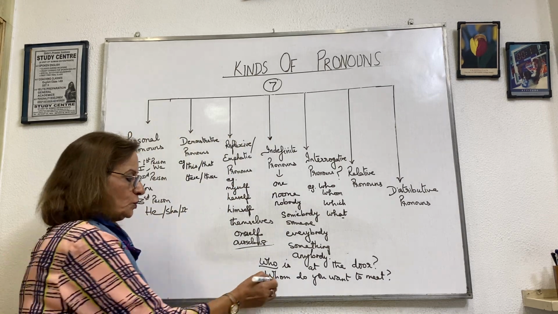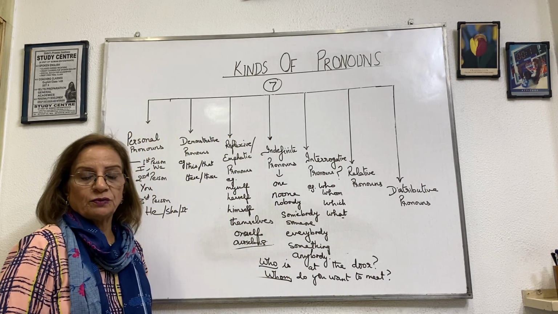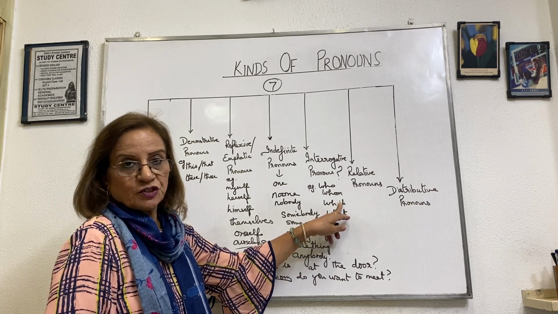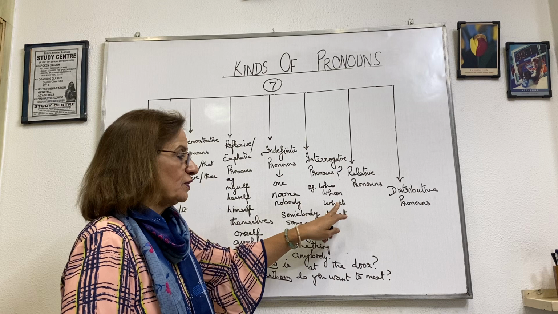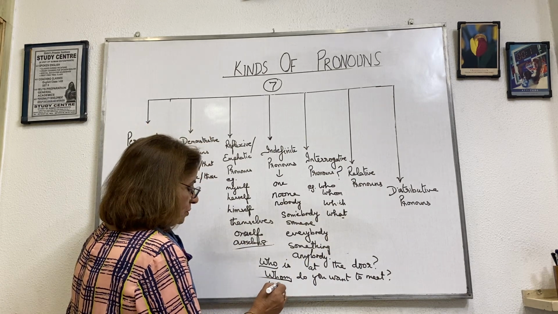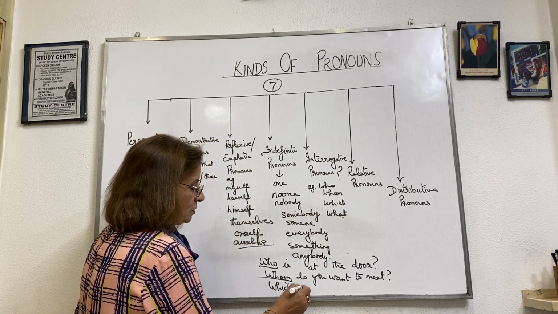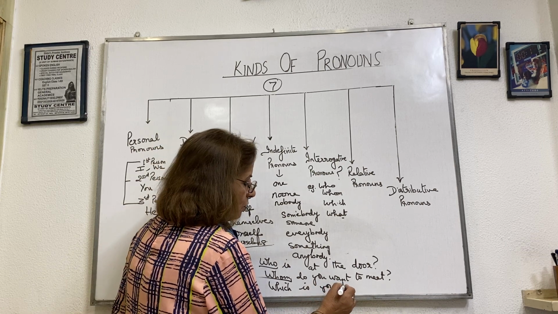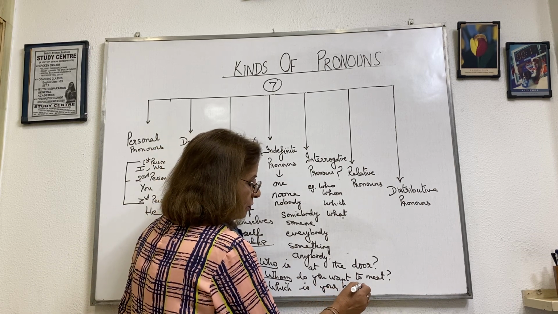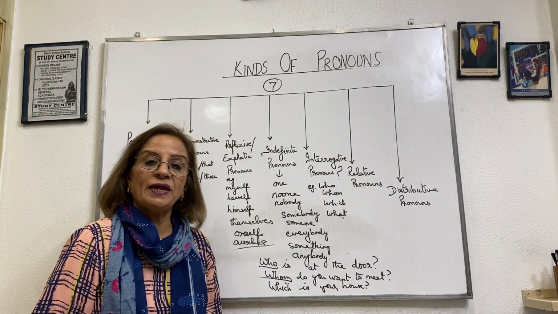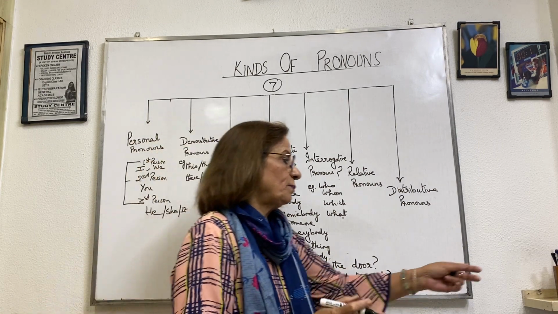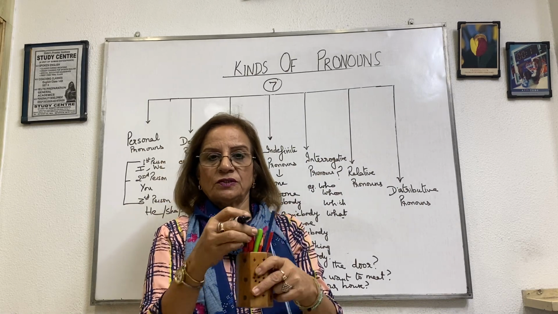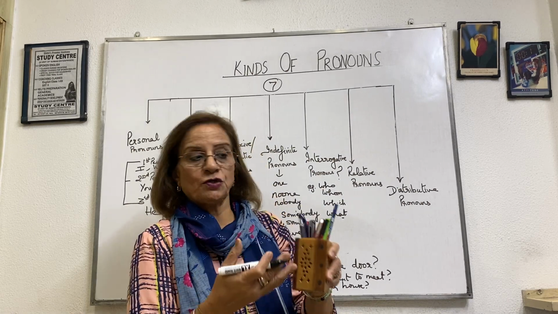Whom do you want to meet? So interrogative pronoun. Which? Take the interrogative word which and ask a question with it. Which is your house? Which is your book? Which is your pen? It means I have so many pens in my hand. Which is your pen? This one, this one? Okay, which is your pen?